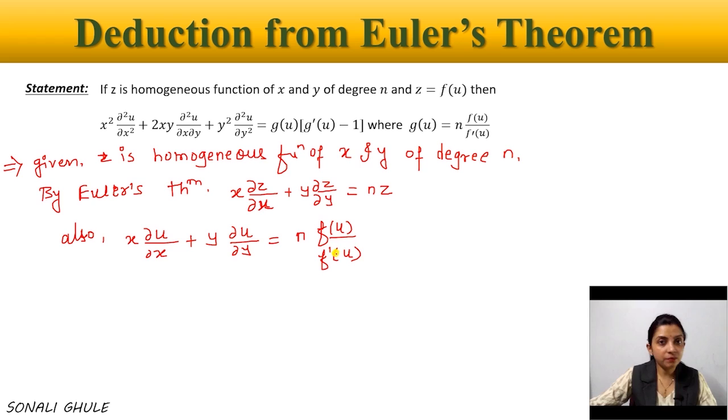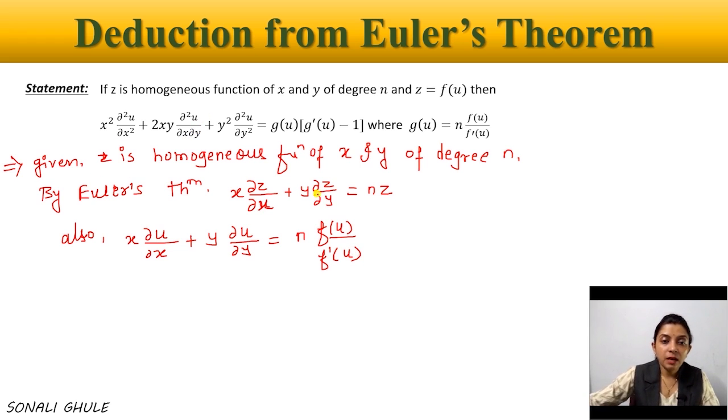See the difference between the two. I have written here ∂z/∂x, and here ∂u/∂x. The functions are changed. When you write z, it will be nz because z is homogeneous. But when you write u, instead of z we have to write f of u upon f dash of u. So this you have to remember.